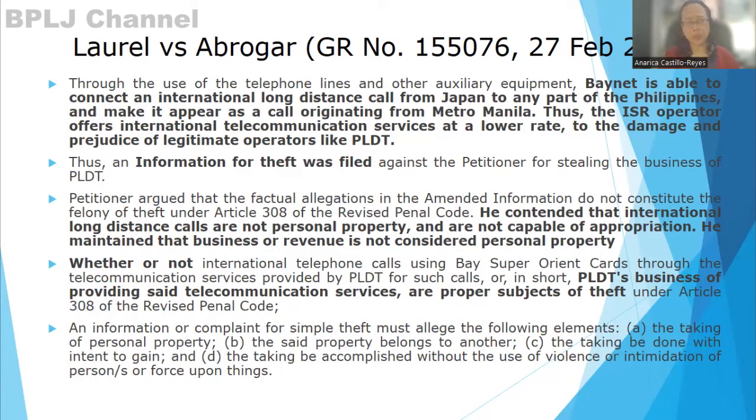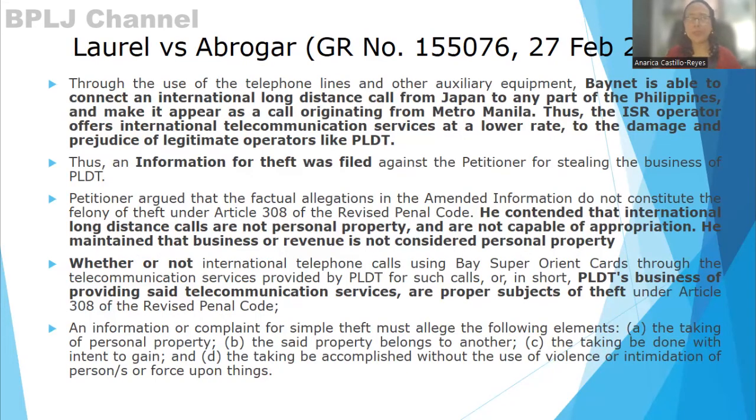So the question is whether or not international telephone calls using base super orient cards through the telecommunication services provided by PLDT, whether or not PLDT's business of providing telecommunication services are proper subjects of theft.